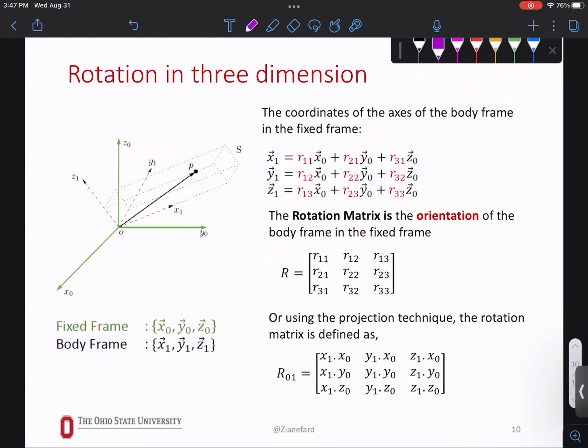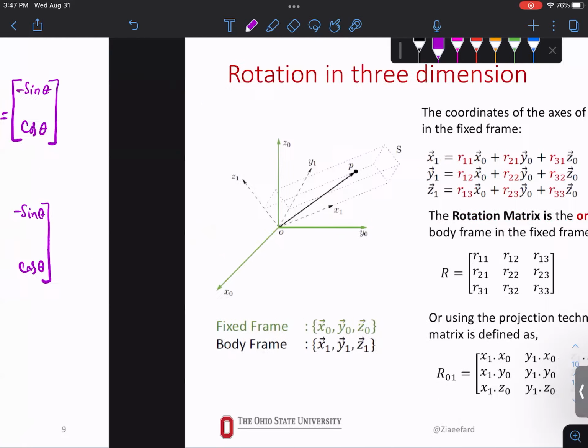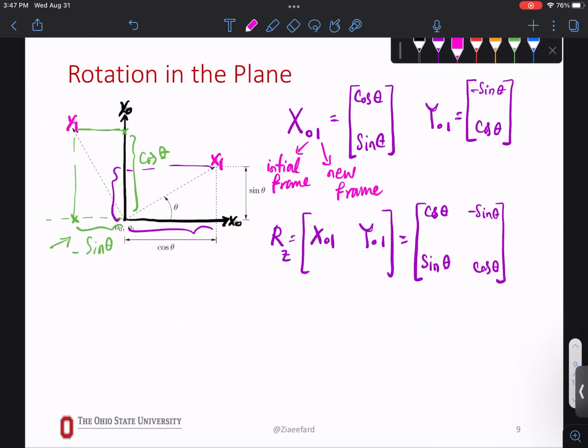Now, there is another method to do this. Instead of projecting them, you can use the direction cosine method, which uses the characteristic of the dot product, which we basically did. That projection is a dot product, right?